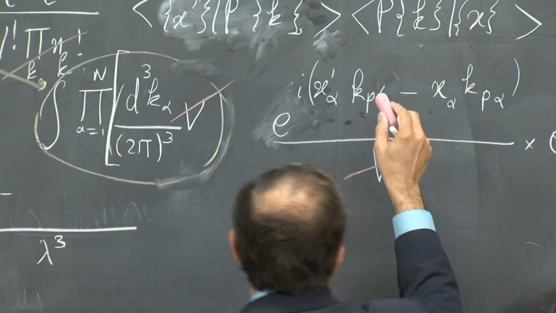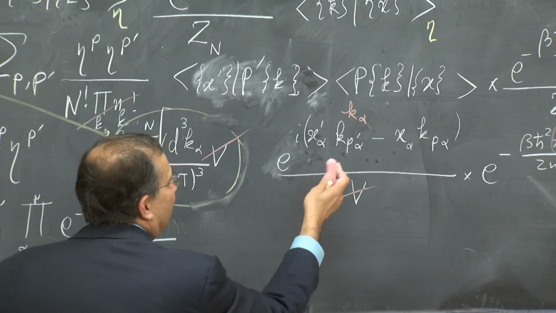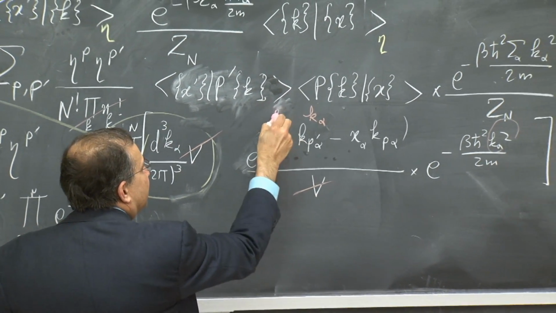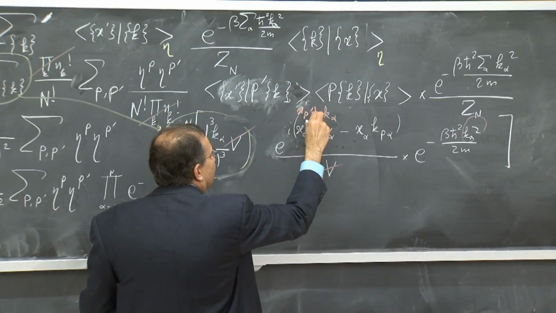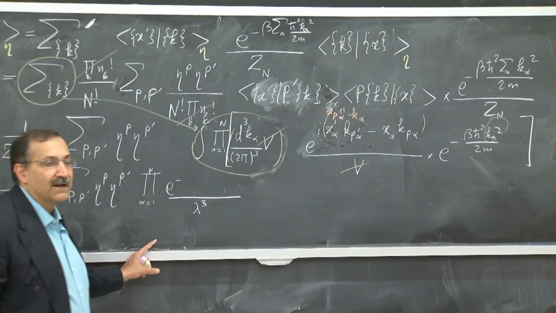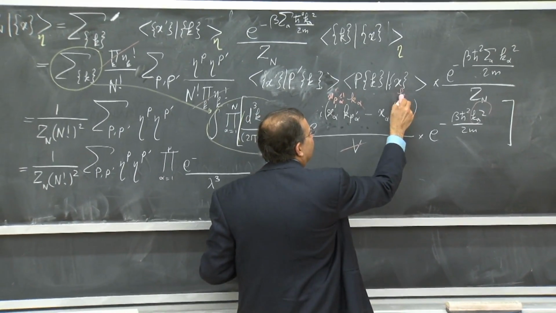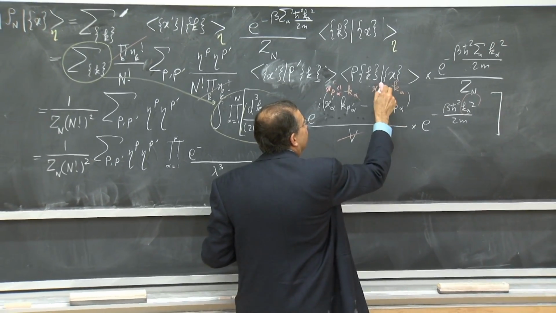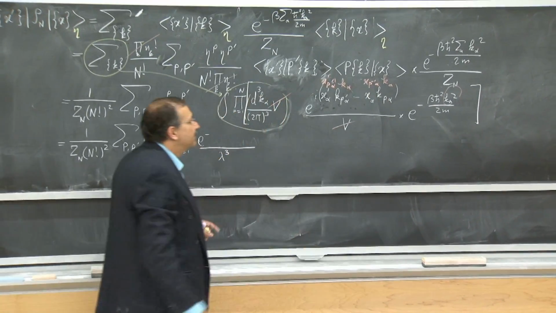When I hit that, I will find that the thing that was multiplying k alpha is the inverse permutation of alpha. And the thing that was multiplying k alpha here is the inverse permutation of p.